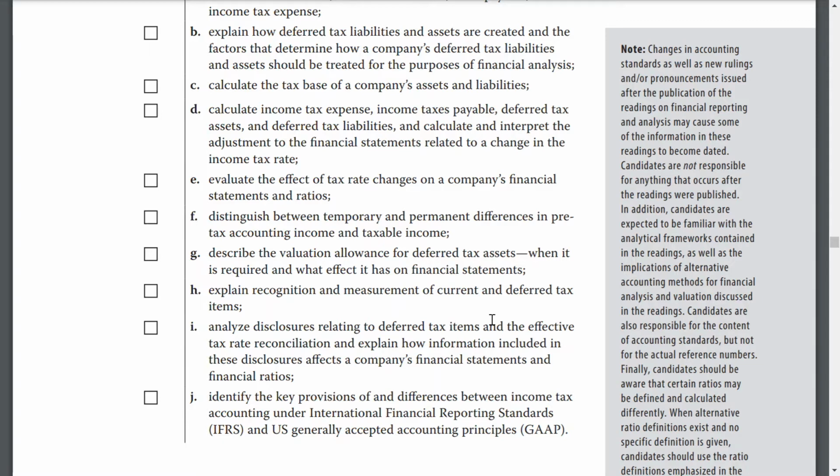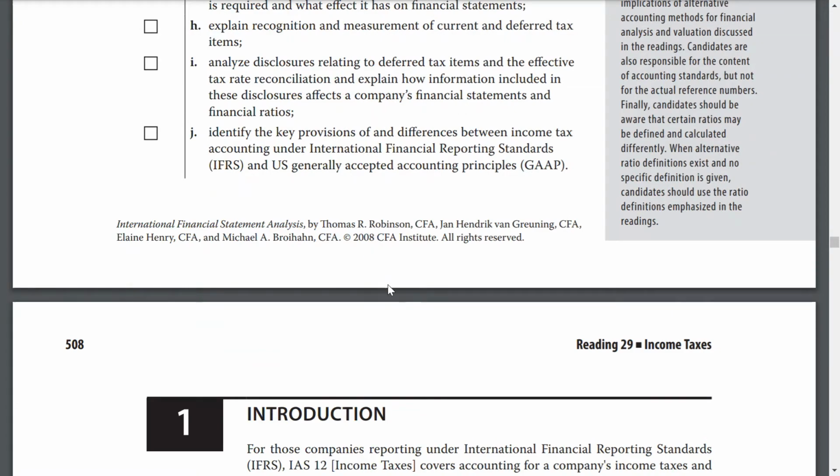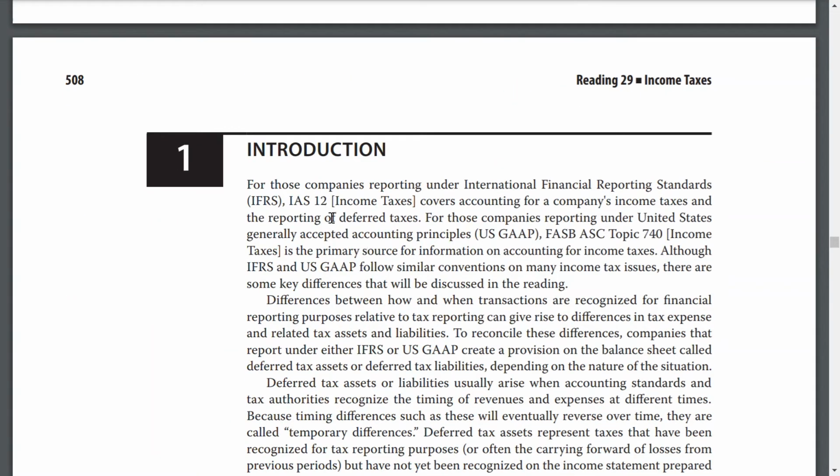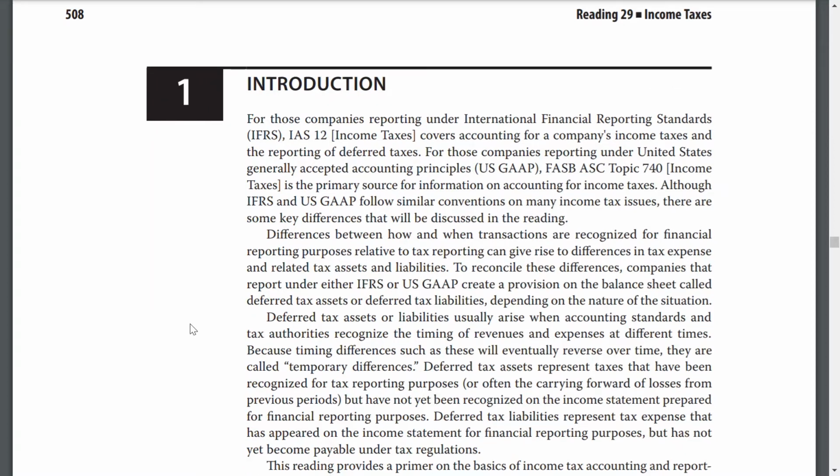Identify the key provisions of the differences between income tax accounting under International Financial Reporting Standards (IFRS) and U.S. generally accepted accounting principles (U.S. GAAP). Introduction. For those companies reporting under IFRS, IAS 12 Income Tax covers accounting for a company's income tax and reporting of deferred taxes.